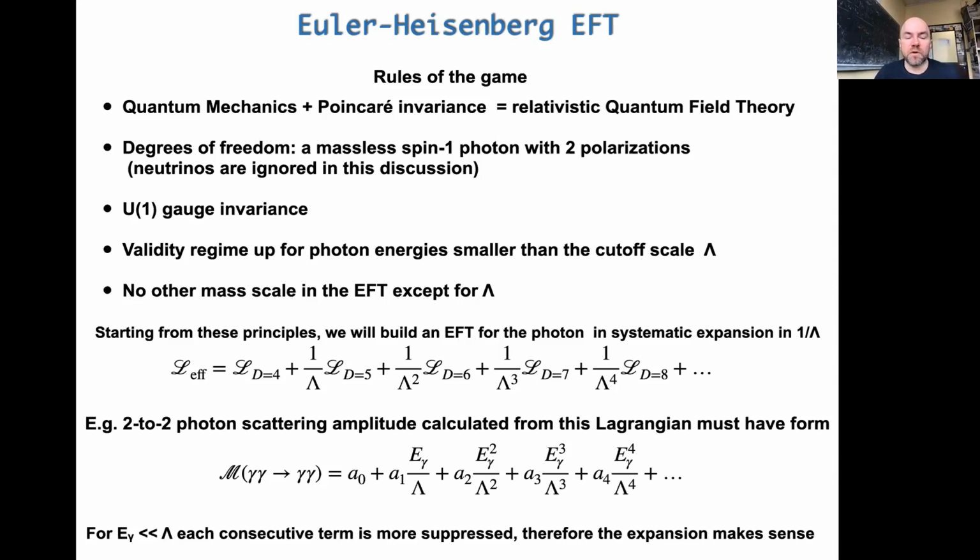But then we will assume that this theory has some finite validity regime, and we call the top of this validity regime the cutoff, lambda. And then there is no other mass scale than lambda. So starting from these principles, we build the most general Lagrangian that is consistent with these principles, and we organize it in some expansion.